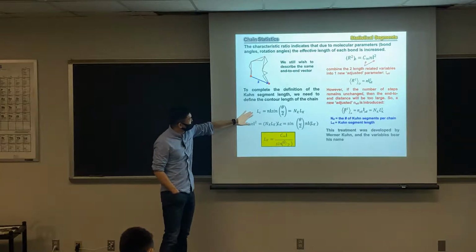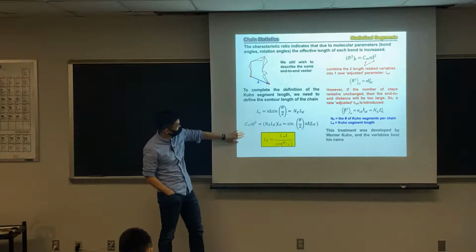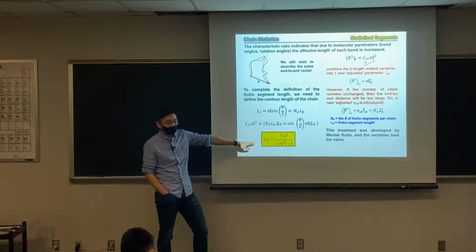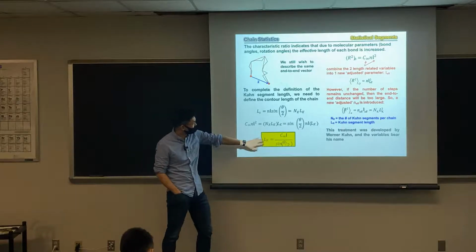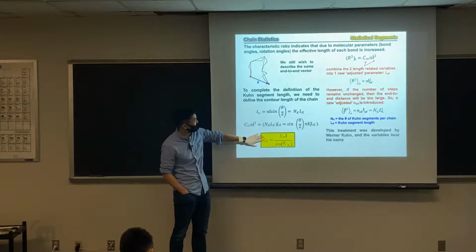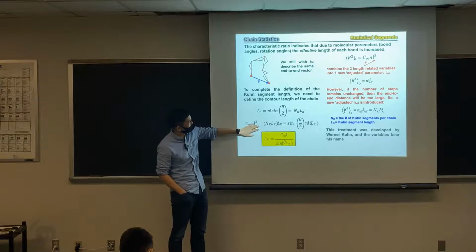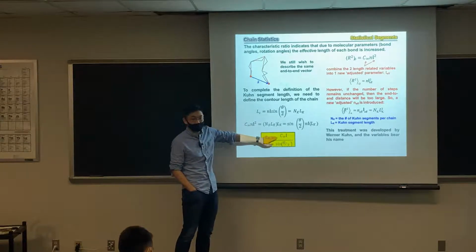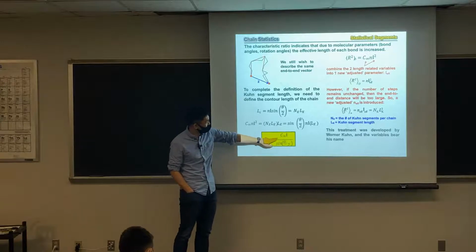So if we look at here, we know L K is the cone length. Using the equivalent model, we can link the cone length with the characteristic ratio, which is given by this equation.